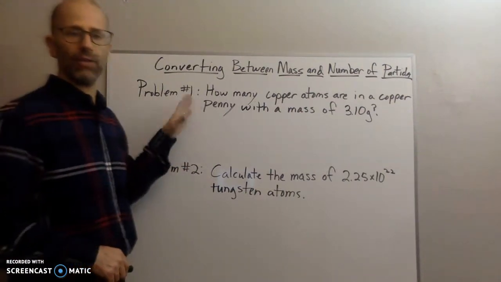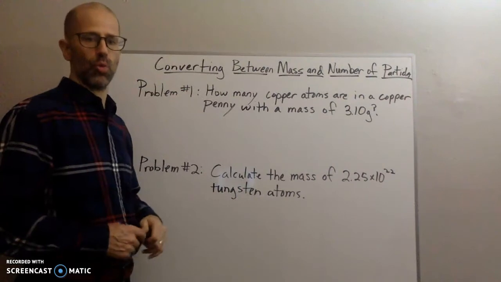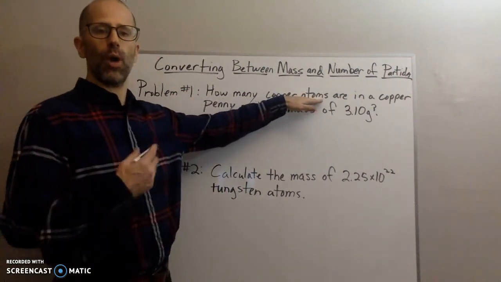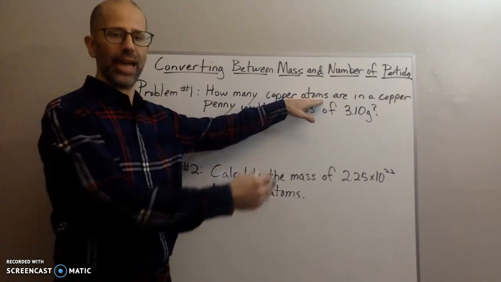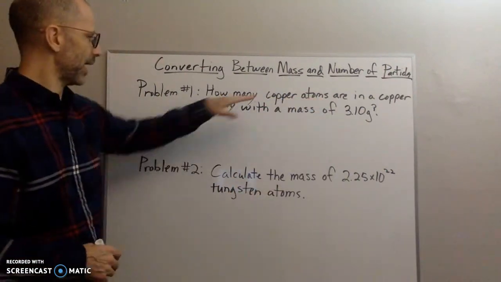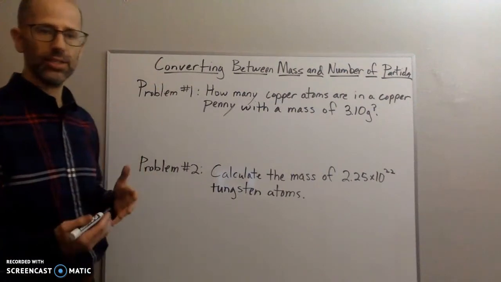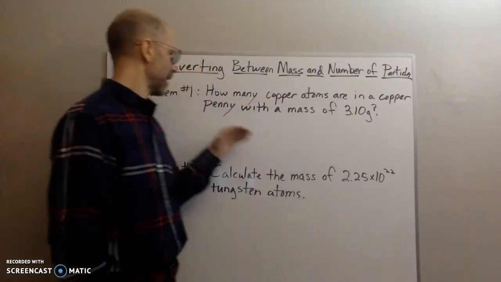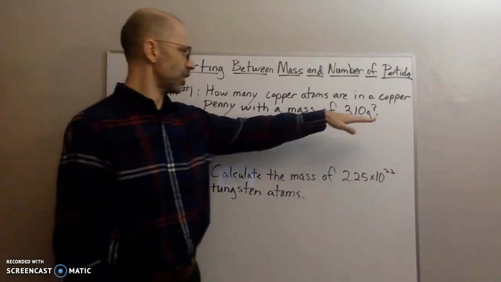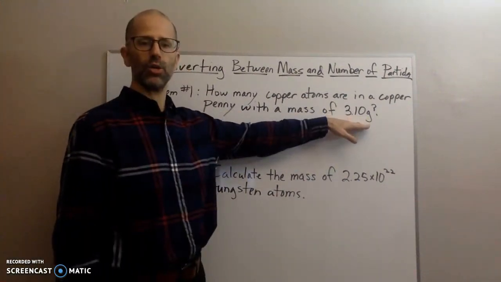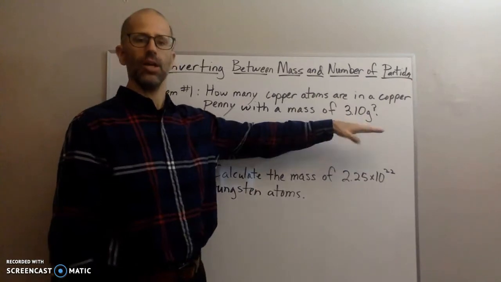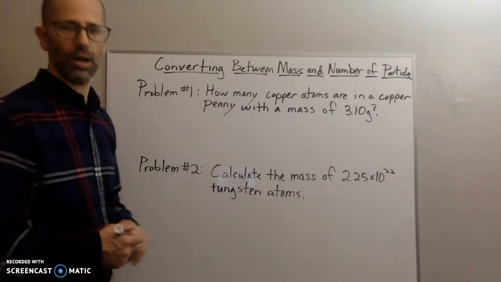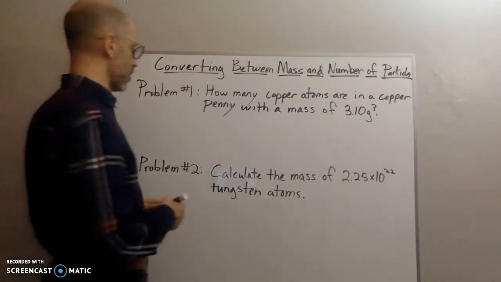The beginning of the question usually tells you where to end. How many copper atoms? So we want to end at particles, at atoms. Where are we going to start? Well, we have to keep reading. How many copper atoms are in a copper penny with a mass of 3.10 grams? So we need to go from grams to number of copper atoms.